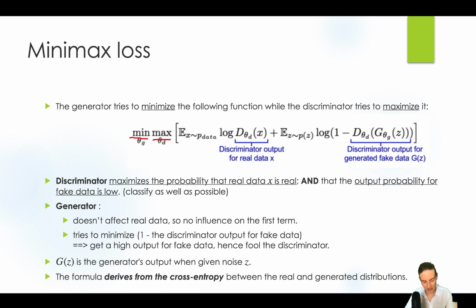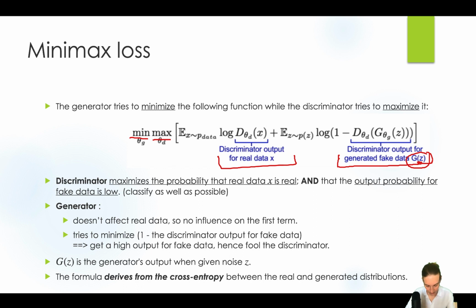This loss consists of the discriminator output for real data X and the probabilities for discriminator output for generated fake data Z. So G is the function here of the generator. So this term G(Z) is the fake data generated by the generator given input noise Z.